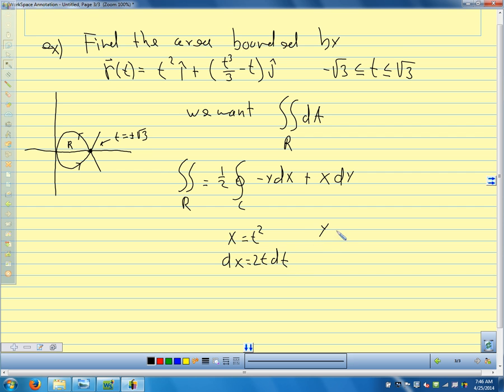Y is this quantity, t cubed over 3 minus t. So dy is going to be t squared minus 1 dt.